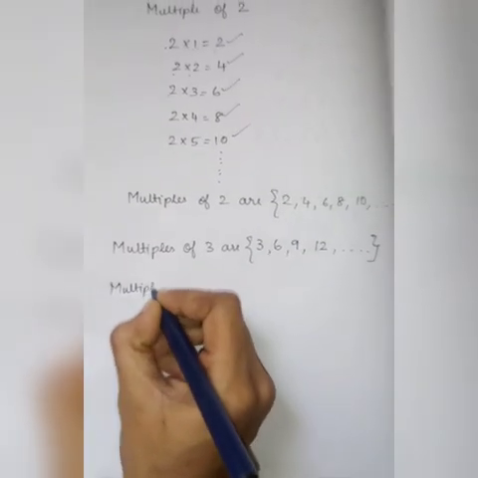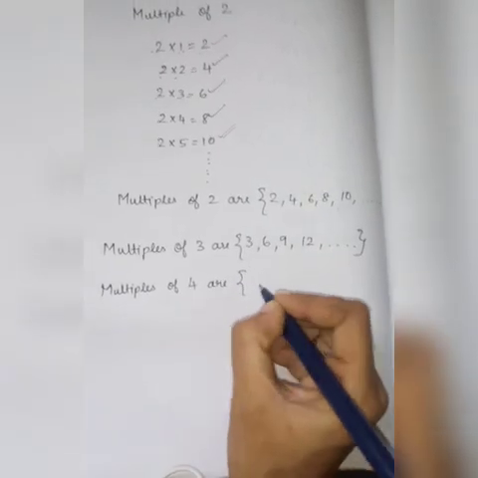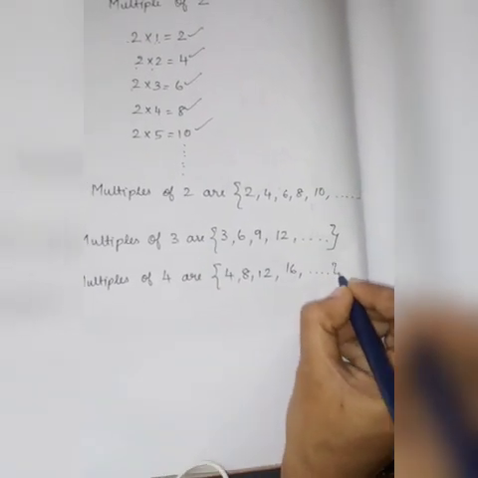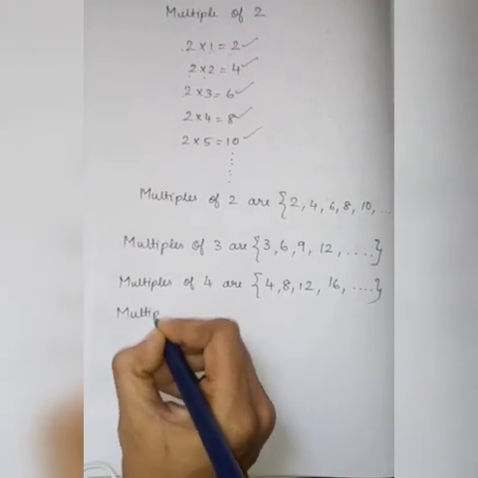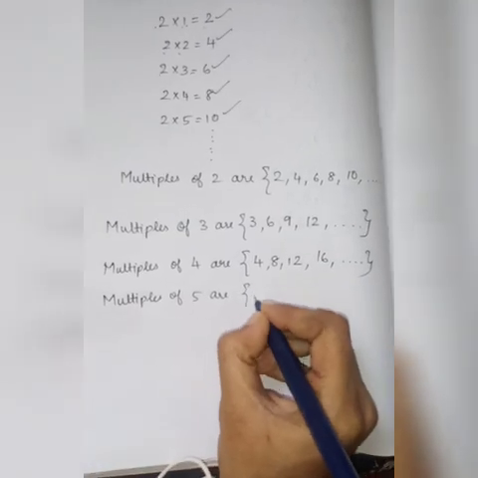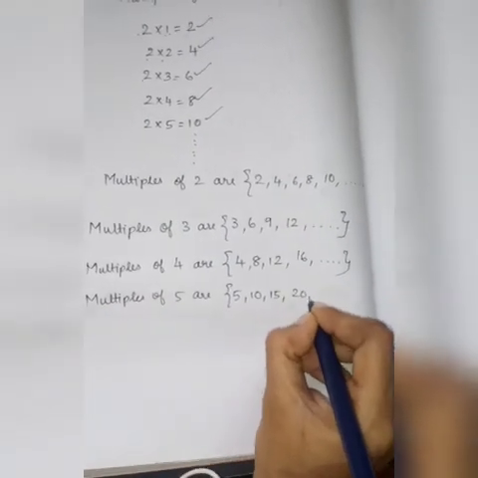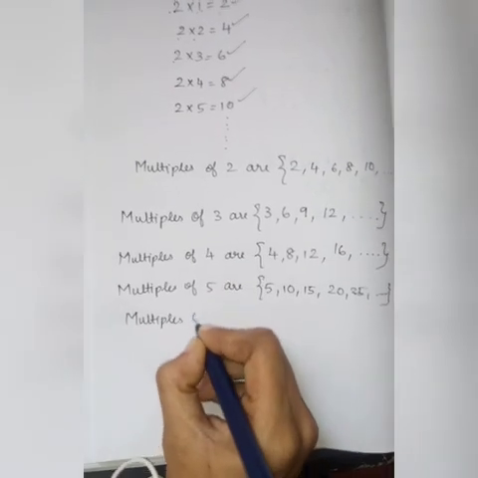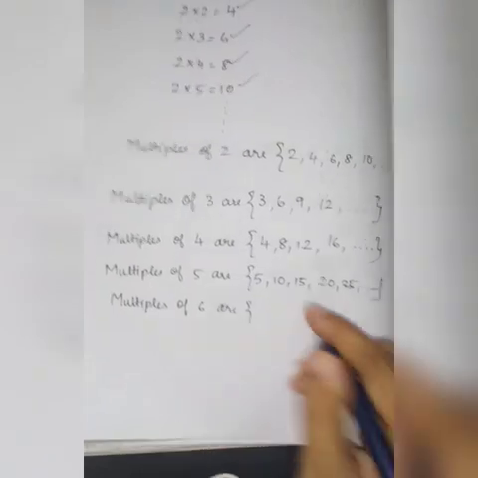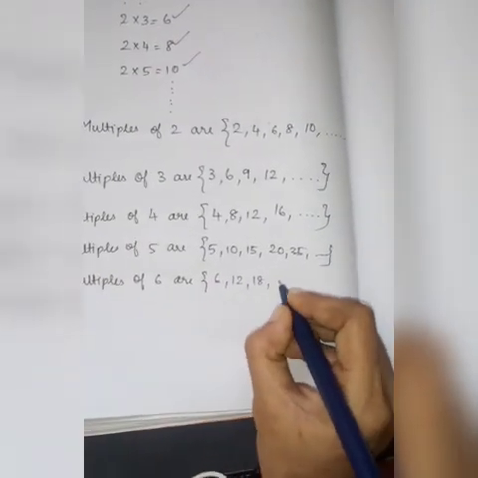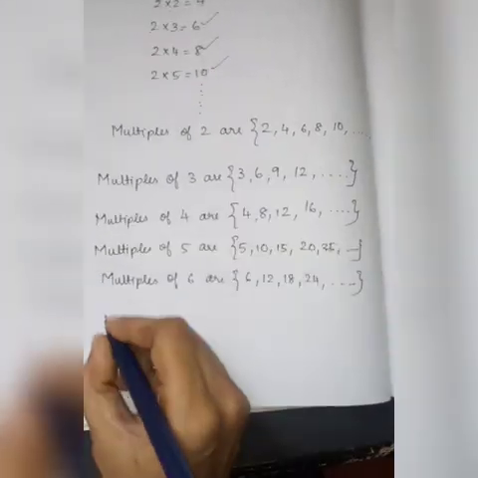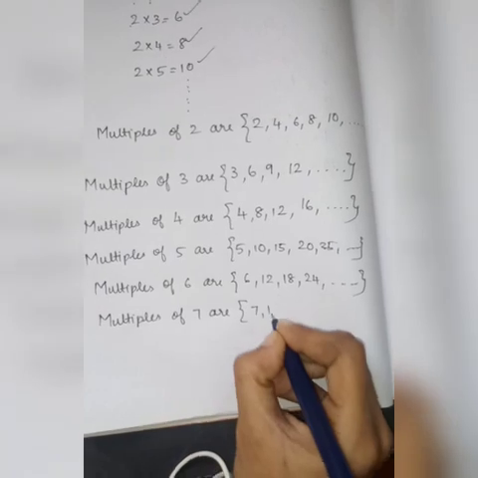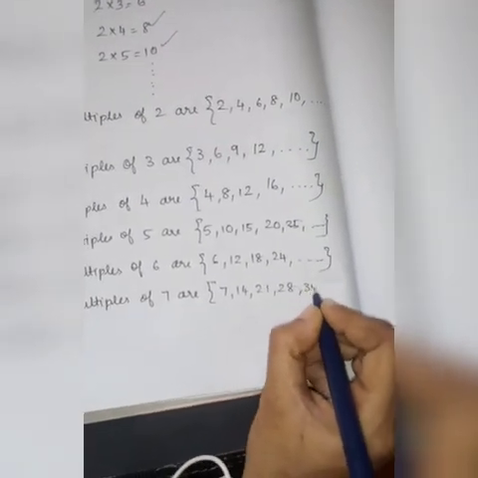Next, multiples of 4: say the fourth table answers, 4, 8, 12, 16, etc. Next, multiples of 5 are 5, 10, 15, 20, 25, etc. Next, multiples of 6 are 6, 12, 18, 24, etc. Then multiples of 7 are 7, 14, 21, 28, 35, etc.